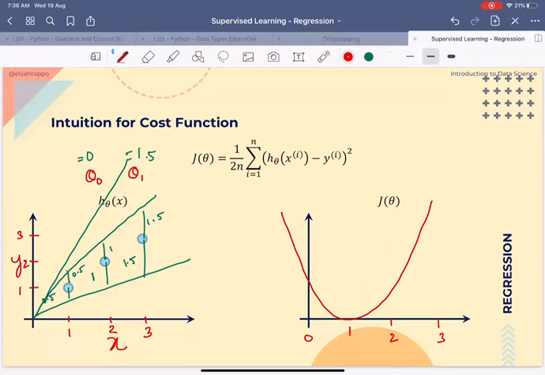So we see that as we change the value of theta, in this case theta 1, our cost increases on both ends like a parabolic equation. And the final value that we are interested to find out is the value that gives us the minimum point of this parabolic equation. Does it make sense?